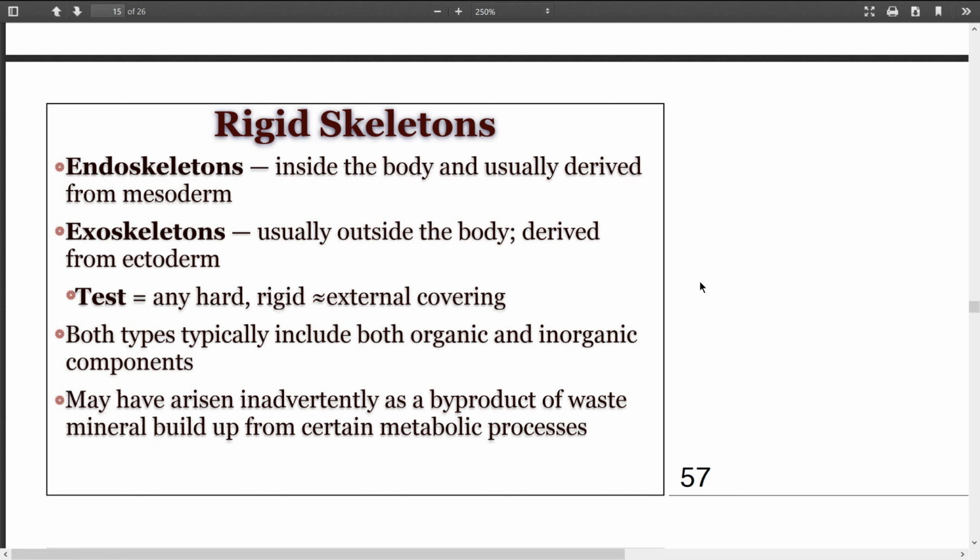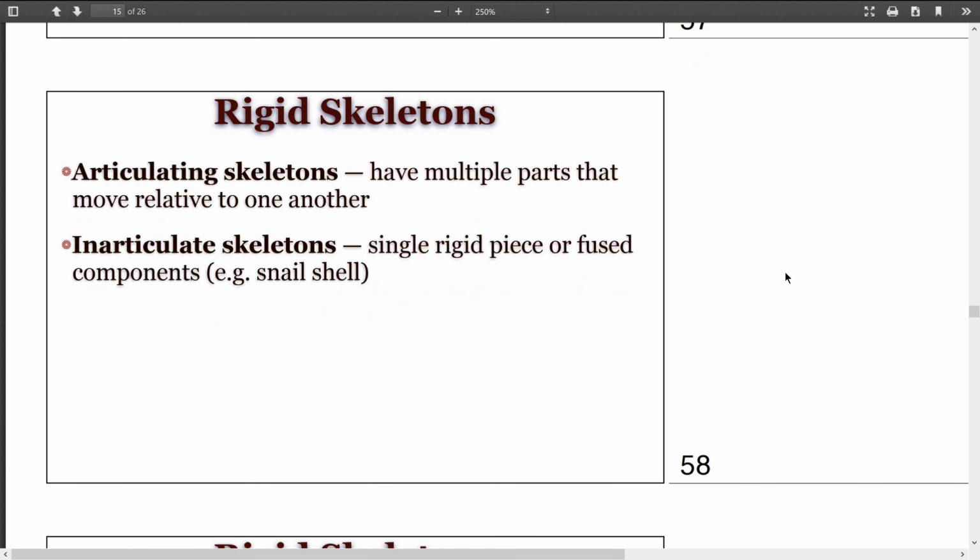All right, if you have a rigid skeleton, your skeleton can be articulating. That just means it has joints, and therefore it has multiple parts that move relative to one another, like our own skeletons. Or it can be inarticulate, which basically means that it is a single rigid piece or a bunch of pieces fused together.